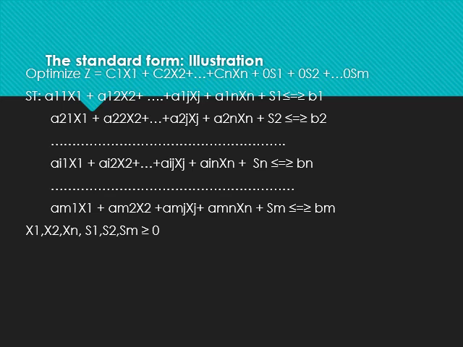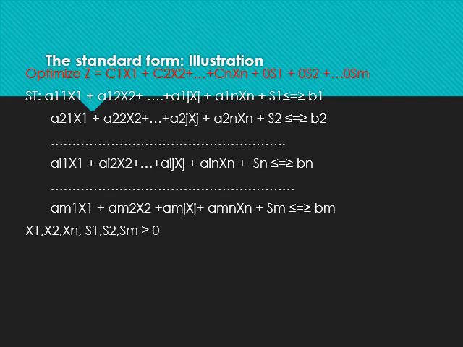So optimize Z equal C1 x1 plus C2 x2 plus dash Cn xn plus 0 s1 plus 0 s2 plus dash 0 sm. This is a general form of standard form.